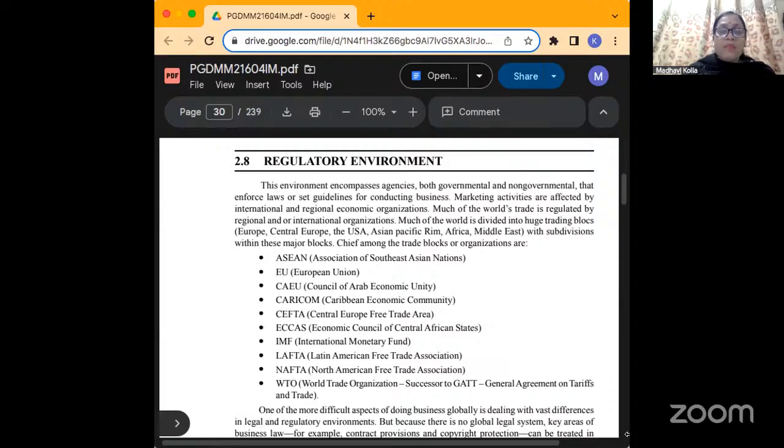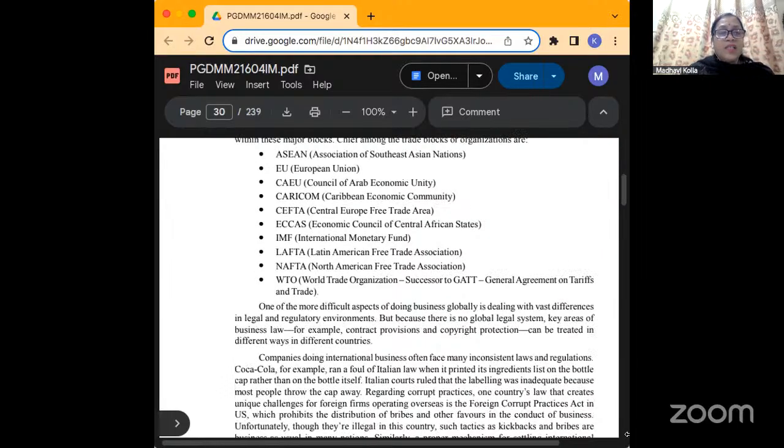So, some of the trading blocks that we need to consider, for example, ASEAN, that is Association of Southeast Asian Nations, or European Union or EU, as it is fondly known, CAEU, that is Council of Arab Economic Unity, CARICOM, that is Caribbean Economic Community, CEFTA, that is Central Europe Free Trade Area.